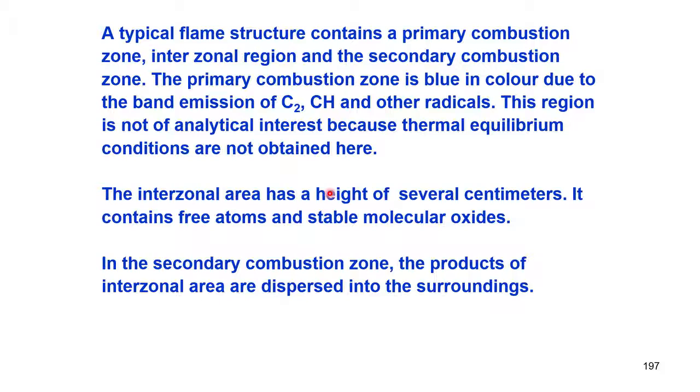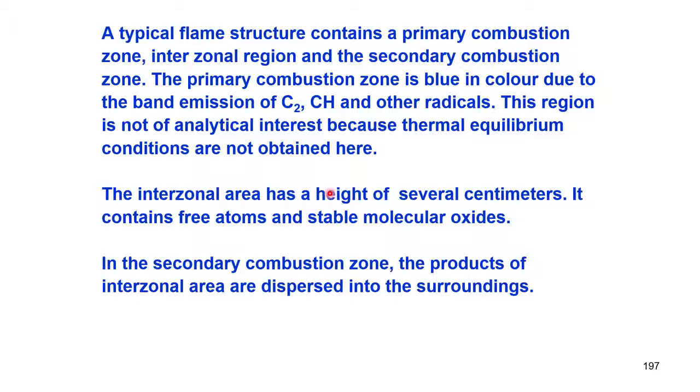Refer to the schematic diagram I showed you immediately after the nebulizer. That height can be adjusted to get the optimum sensitivity. The interzonal area contains free atoms and stable molecular oxides. This is what is of interest to us. We want free atoms in the flame, and that happens in the interzonal area, but stable molecular oxides are also there in this range.